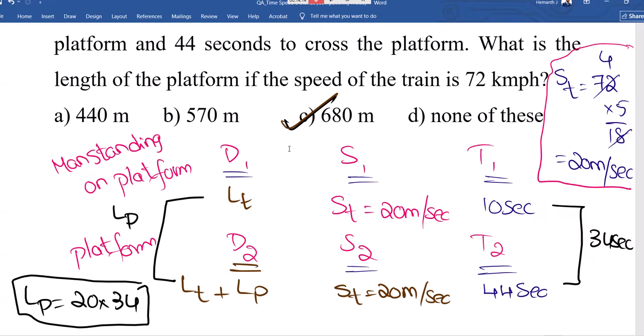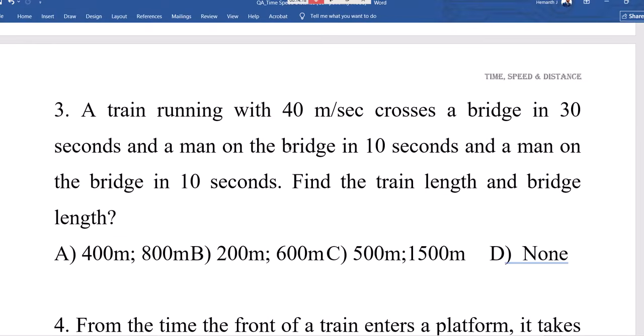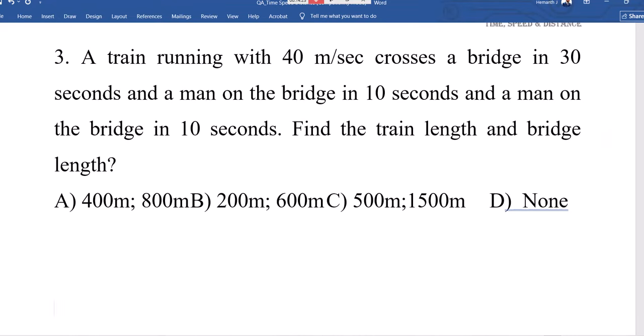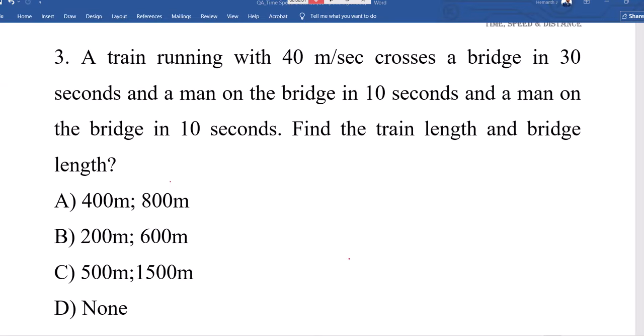See the next question. I'll share the document, don't worry. Focus on how to solve the question. This is the same kind of question. Values, everything is mentioned. Calculate, please. A train crosses a bridge in 30 seconds, then a man on the bridge, pretty similar to the previous question.